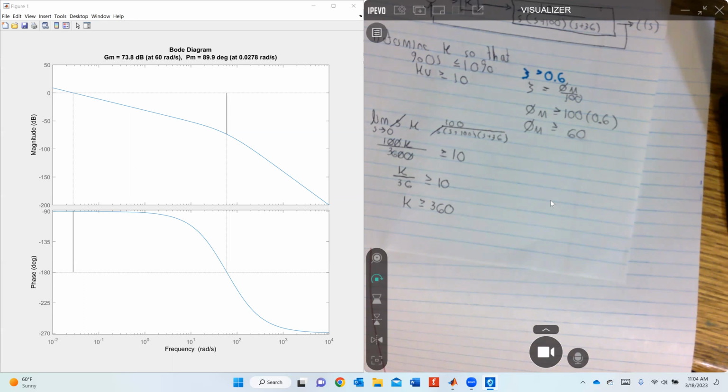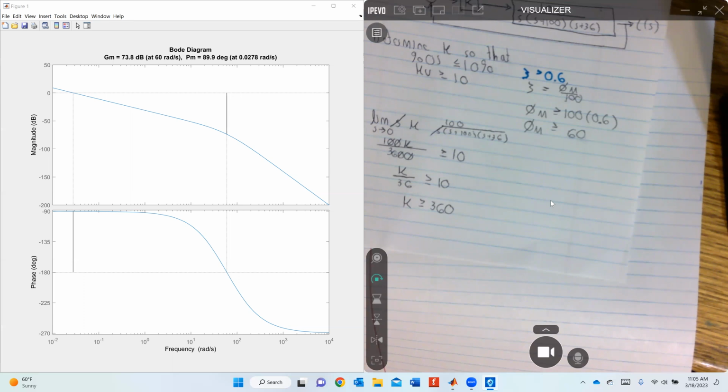And so the gain margin and phase margin, does this satisfy our requirement? Is the overshoot less than 10%? And so overshoot, our KV, and then no space.